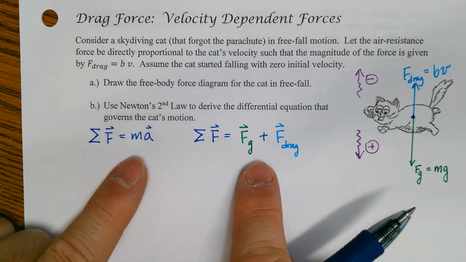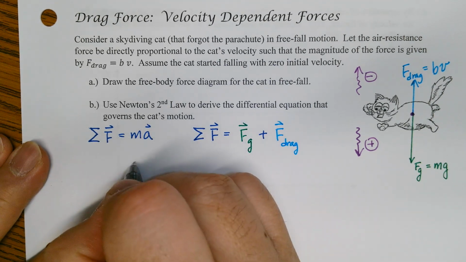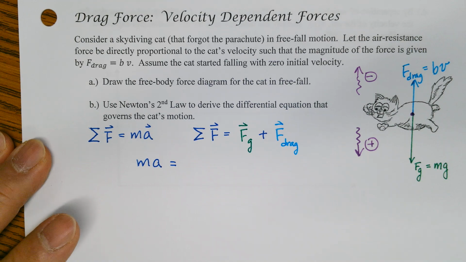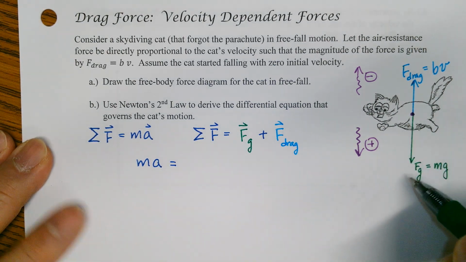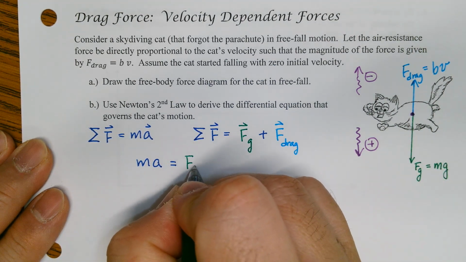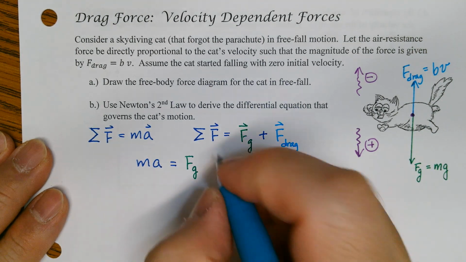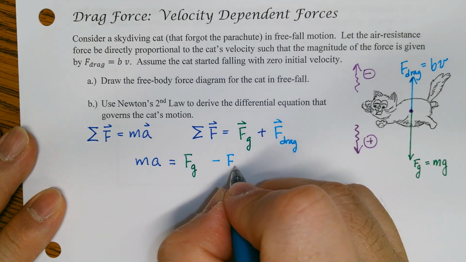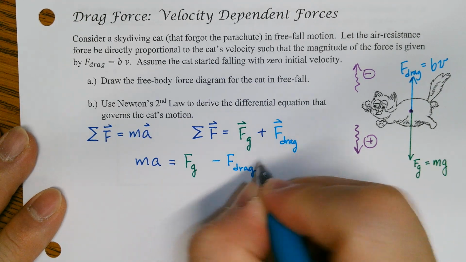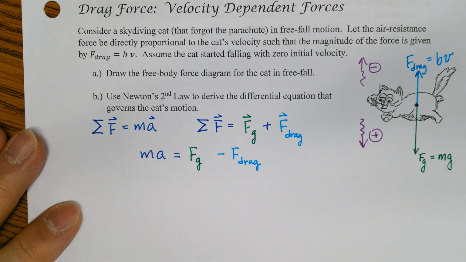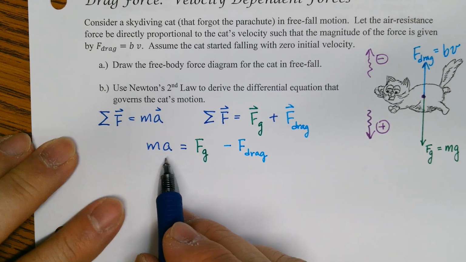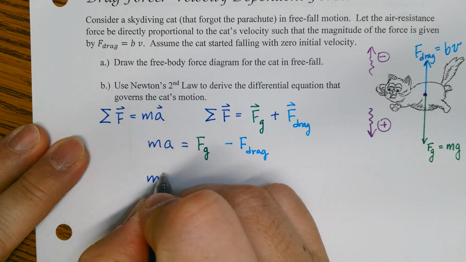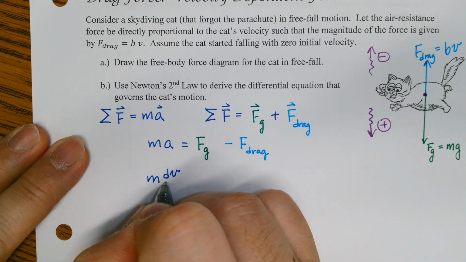So we can now set these two equal to each other and say ma is equal to Fg, which is positive, and F drag, which is negative. So if we were to replace the a with a differential equation, my acceleration is nothing more than just dv over dt.